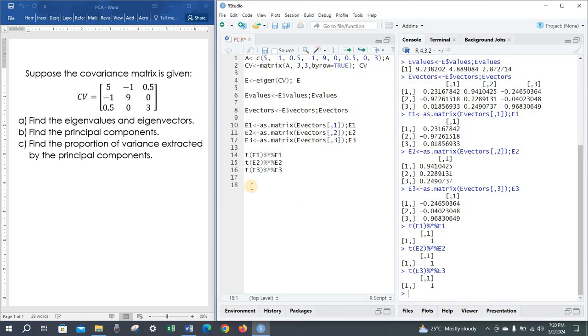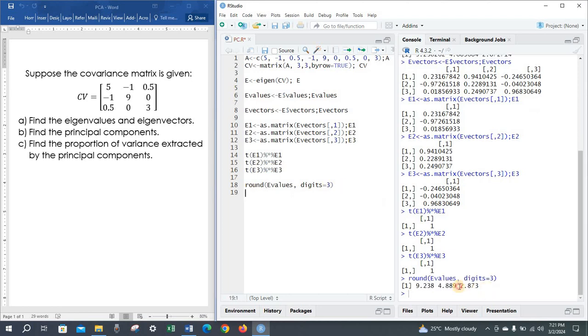Also you can round these values. To round these values, for example the eigenvalues, use digits equal to 3, so that it is rounded. And also you can round the eigenvectors.